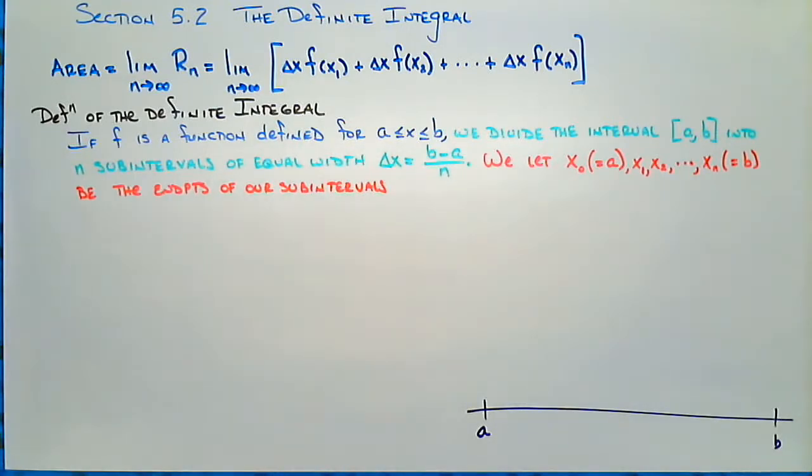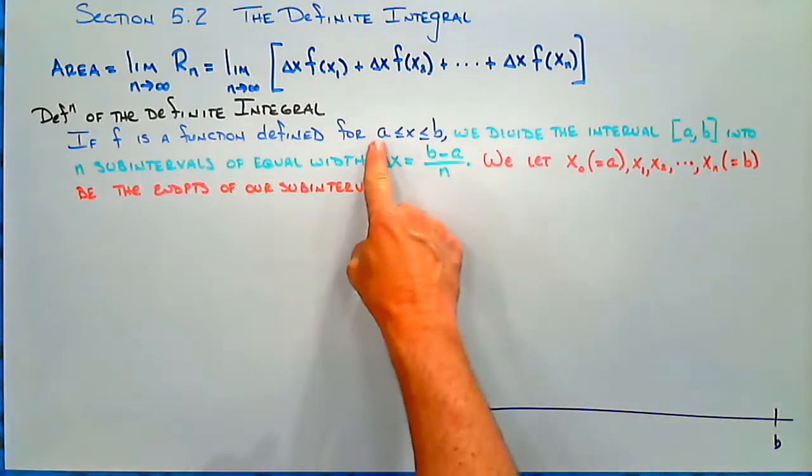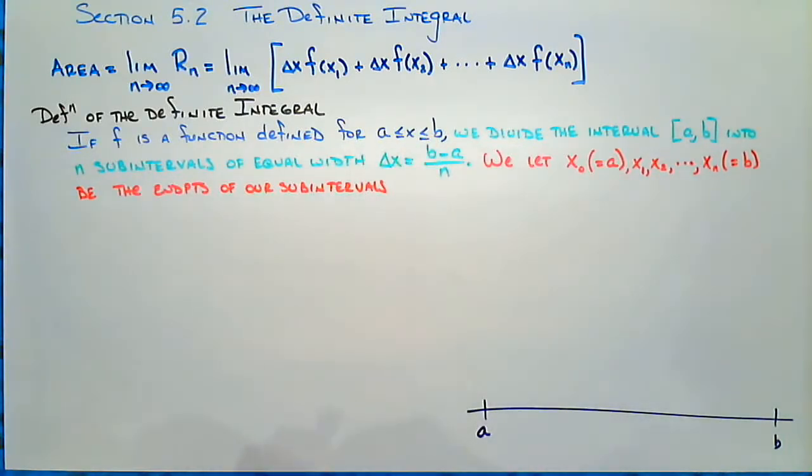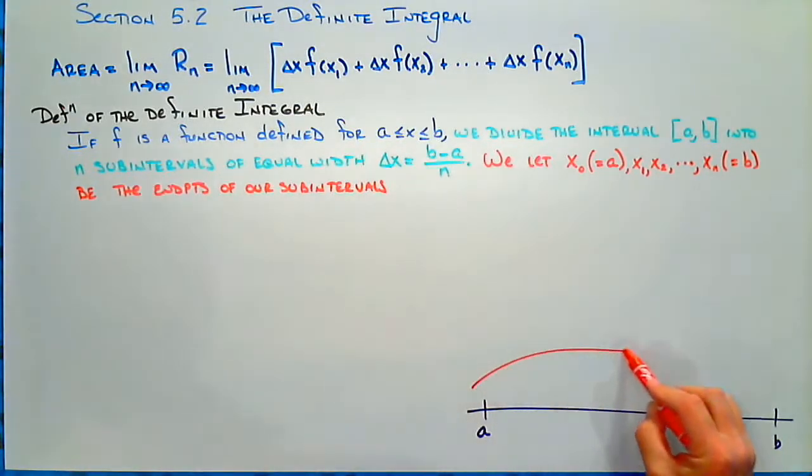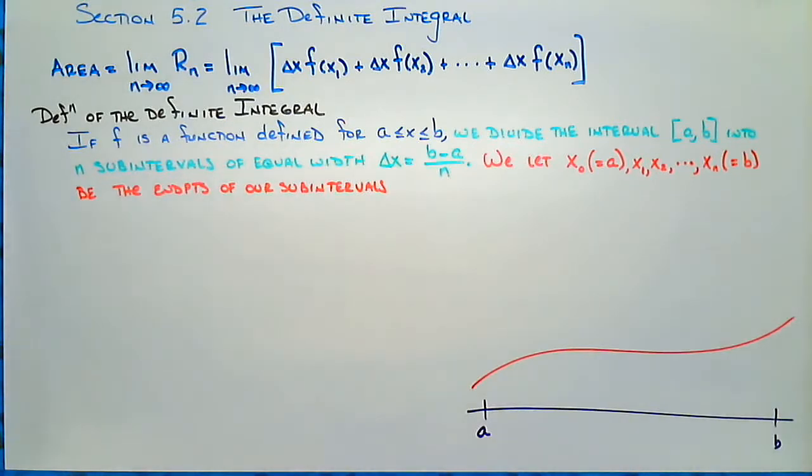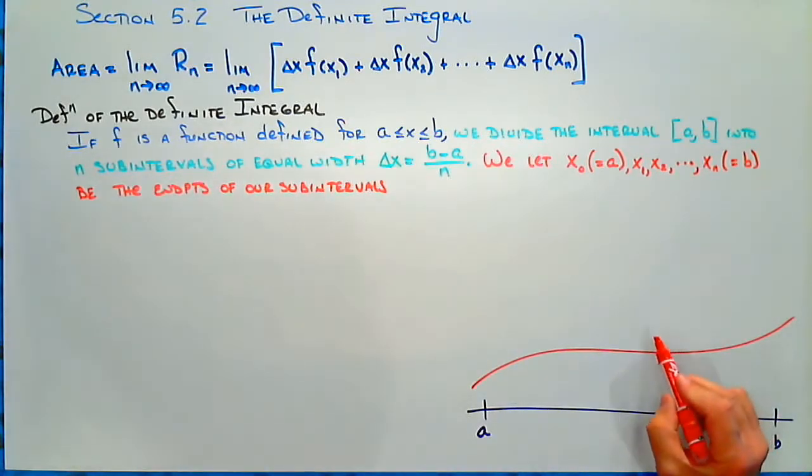That's what they've told us. It starts at A and it ends at B. Our interval goes from A to B. And above that interval, we have some function. And we'll just draw our function like this. And our function is f.